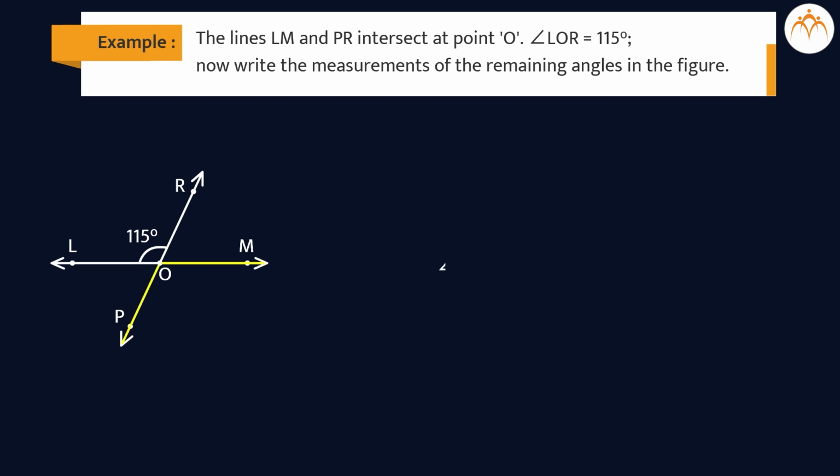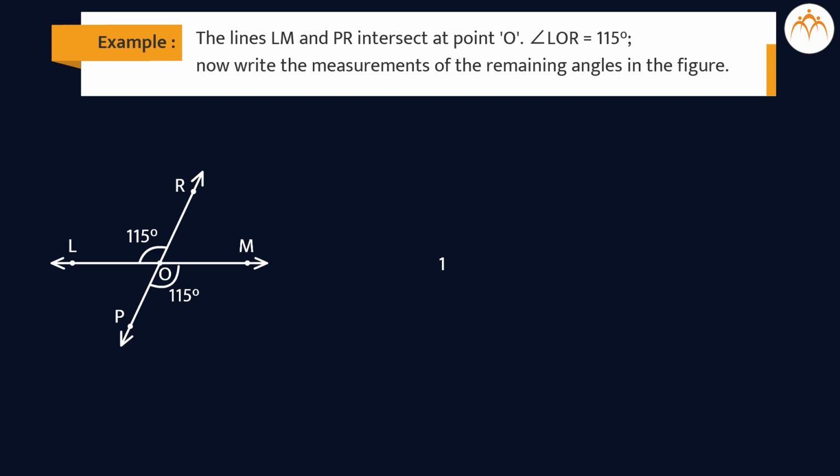So, angle MOP is equal to 115 degrees. This is equation 1. Now, angle LOR plus angle MOR is equal to 180 degrees because angles are on a straight line.